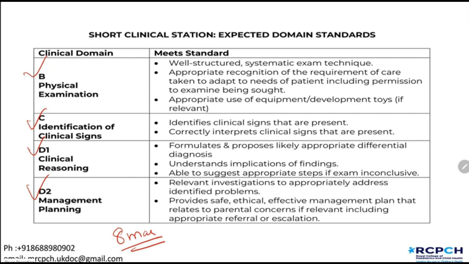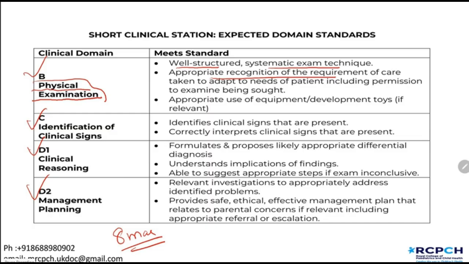In domain B, the examiner will see how you are doing the structured approach for the physical examination, whether the candidate meets the standard, if he has a well structured systematic exam technique, appropriate recognition of the requirement of care taken to adapt to the needs of the patient, including permission to examine.